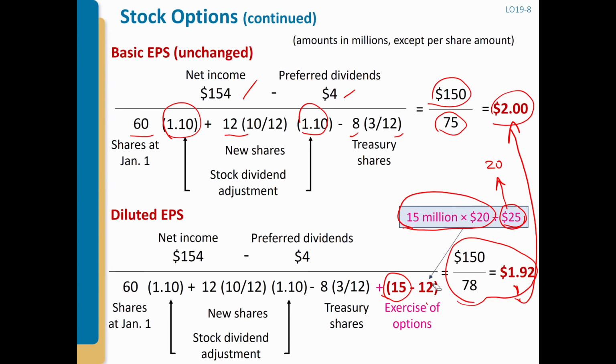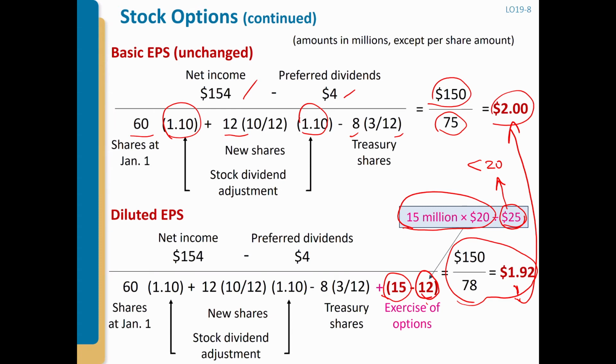But what if this price is less than 20? Then instead of 12, this number should be higher than 15. So 15 minus the higher number, you're going to be negative, right?